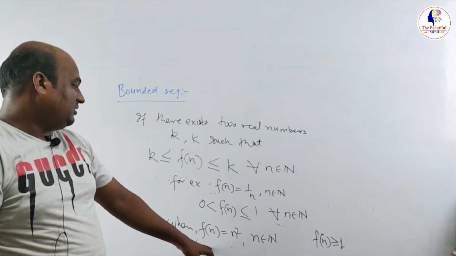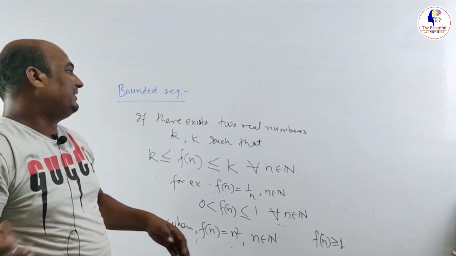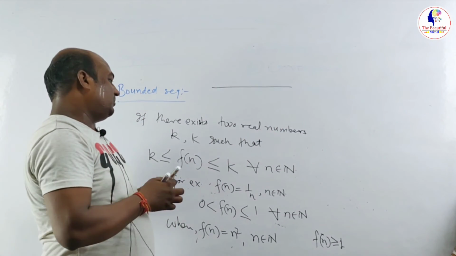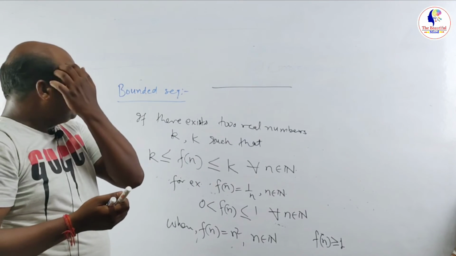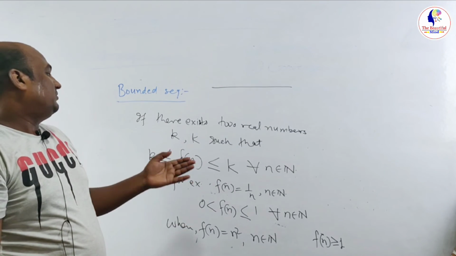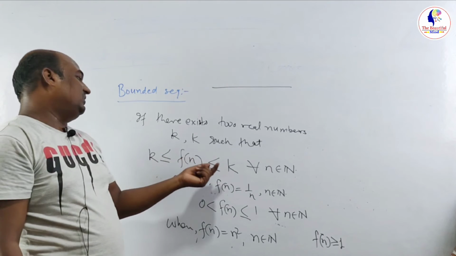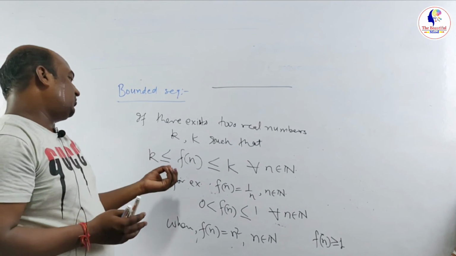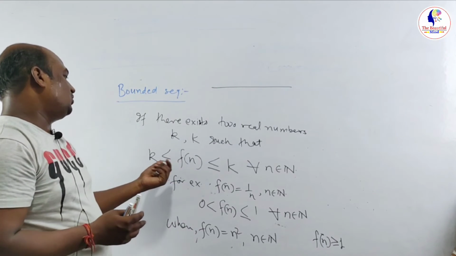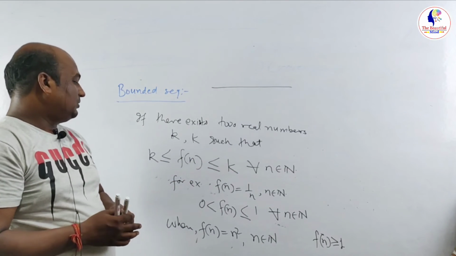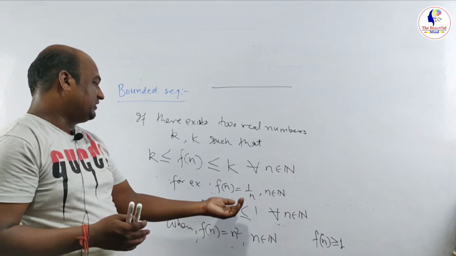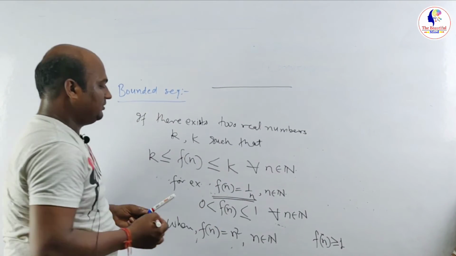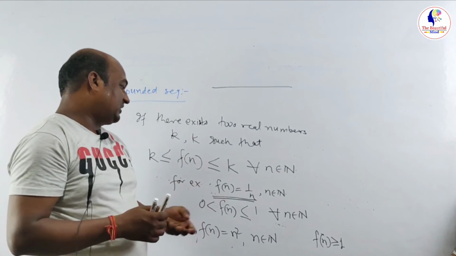This sequence is bounded below but not bounded from the right hand side on the real line. Okay, so bounded sequence क्या होते हैं? Bounded sequence is one for which we can find two real numbers small k and capital K, such that every term of the sequence lies between these two real numbers. So we have a very important example, because this is a very important sequence, as we can see in the next classes.